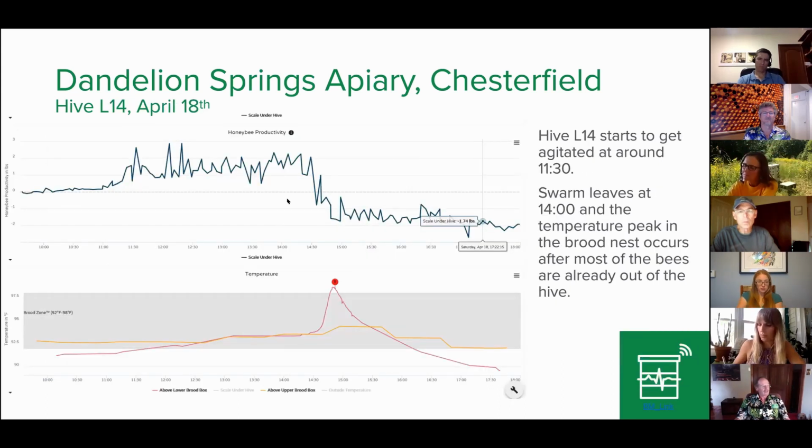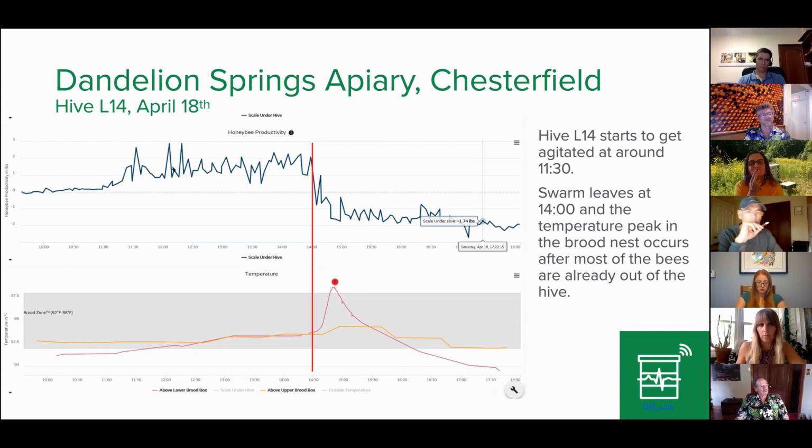Here is another hive where we have high resolution data, where we ran the scale at minute intervals to really try and get a better feel for how this timing works. What we see here is the hive starts to get agitated around 11 or 11:30.